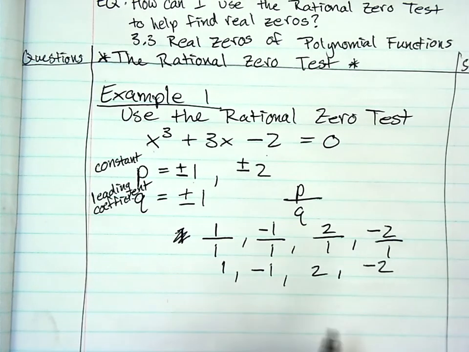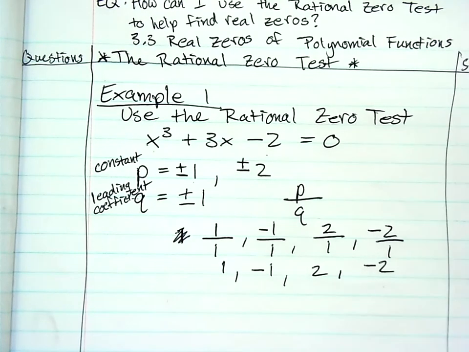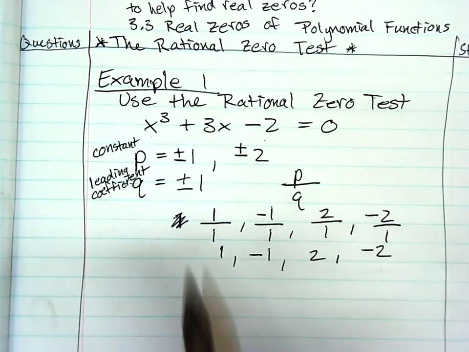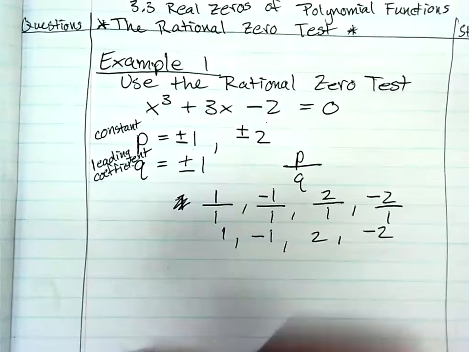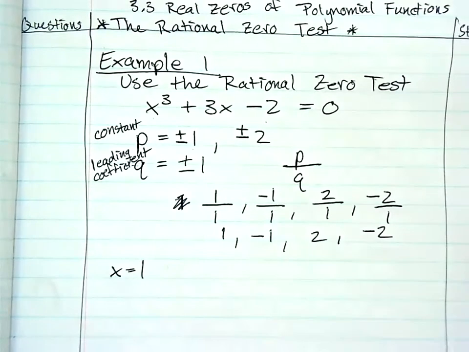What you need to do now is check: do these actually result in a rational zero? The way to do that is either by using synthetic division, or you can just plug in. So I'm going to plug in each one of these. Let's say that we use 1.